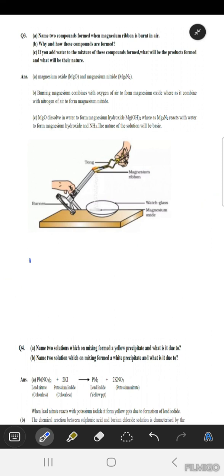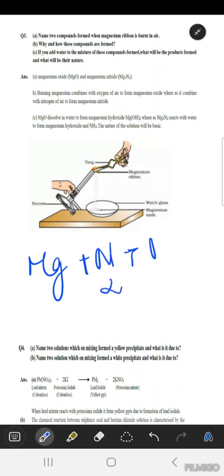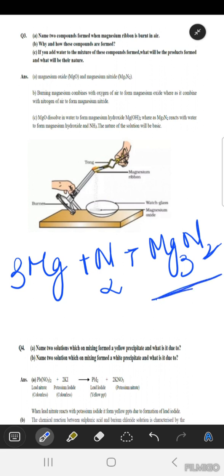Similarly, magnesium also reacts with nitrogen and what we get is magnesium nitride. So there is a formation of magnesium nitride.